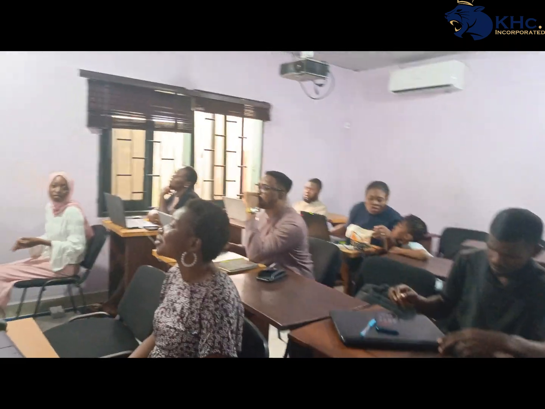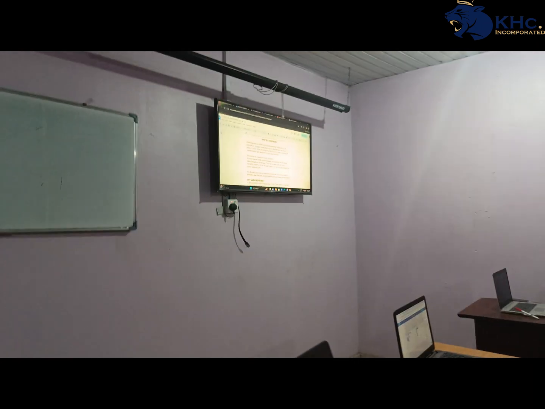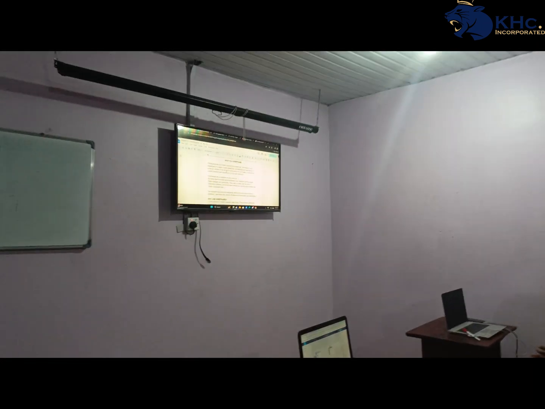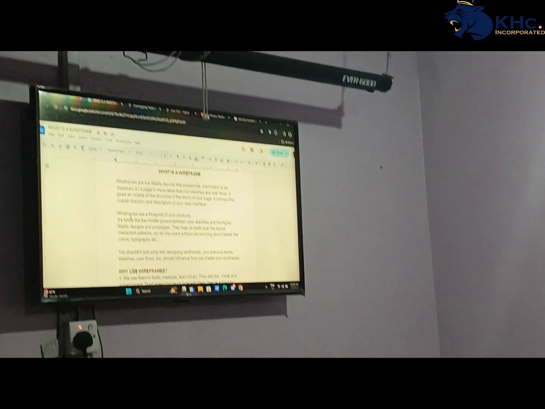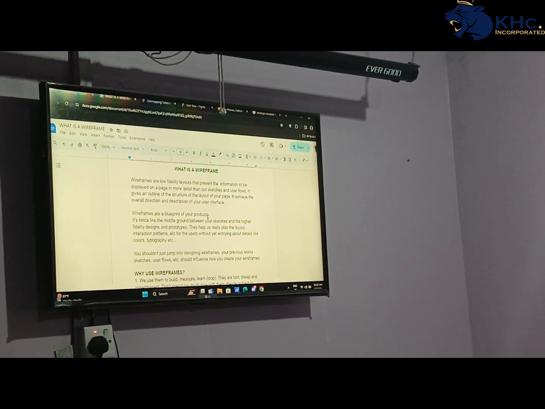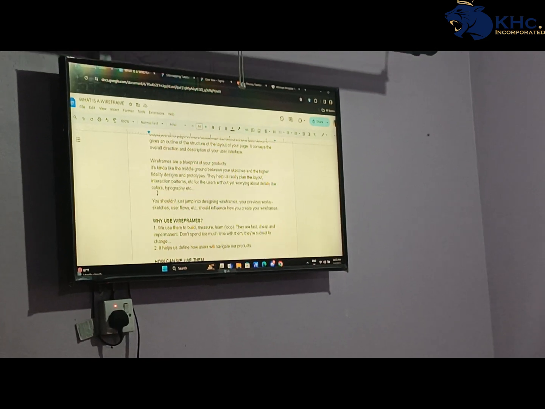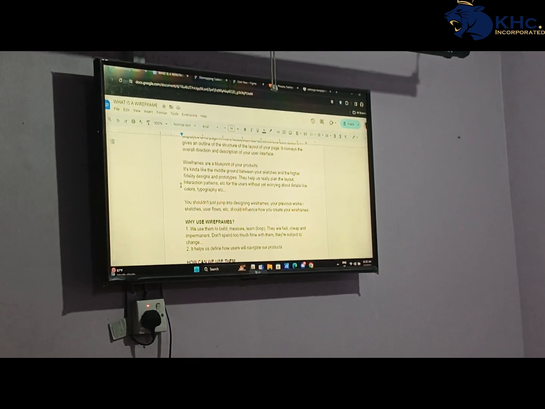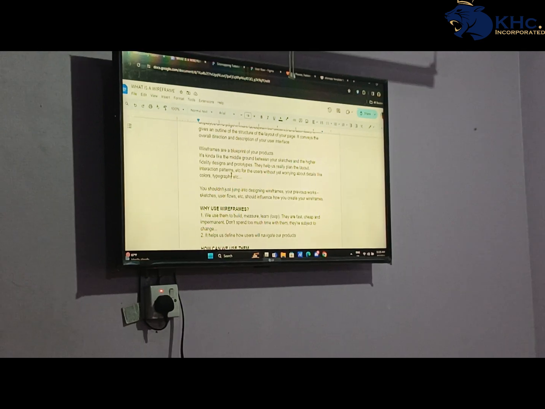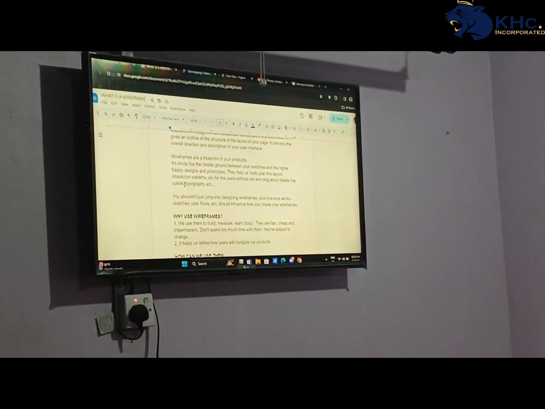It gives an outline. It conveys the overall direction and description of the user interface. We said they are a blueprint of our products, and they help us plan our layout, interaction patterns, typography, colors, etc.